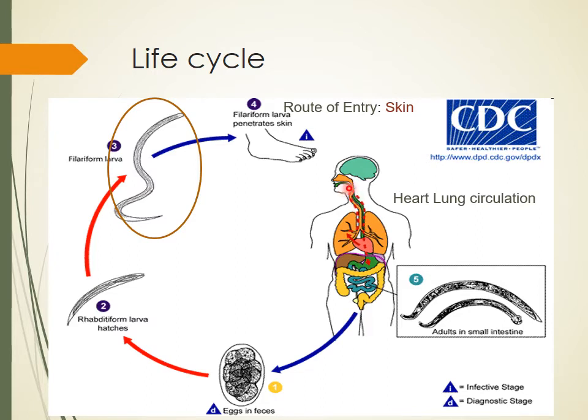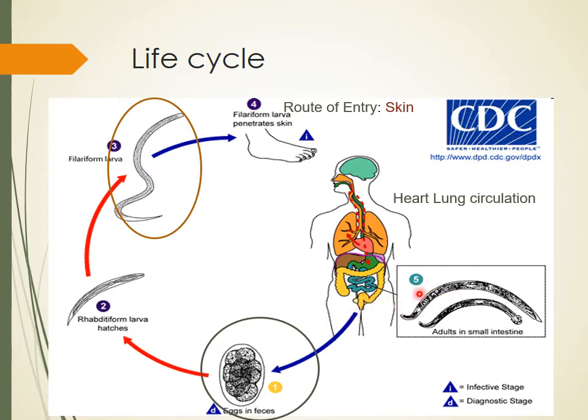Through the epiglottis it comes into the esophagus again. It molts again, and finally in the small intestine it converts into an adult worm. So what you have to remember is that the route of entry is skin, and it follows heart-lung circulation just like Ascaris lumbricoides.